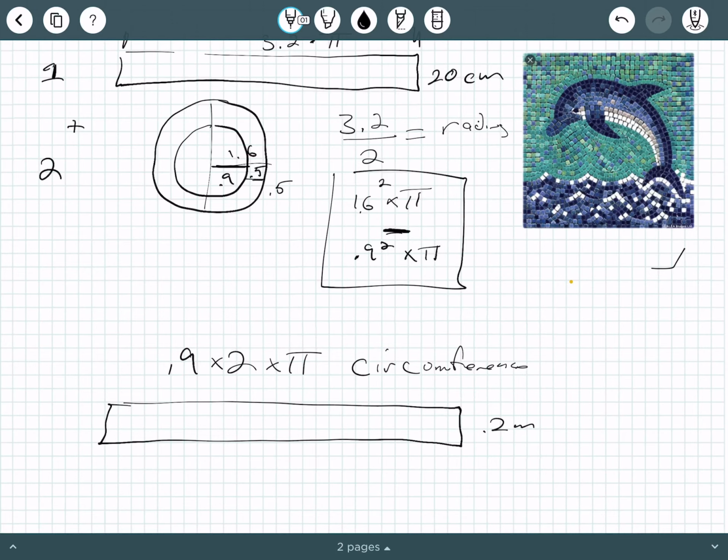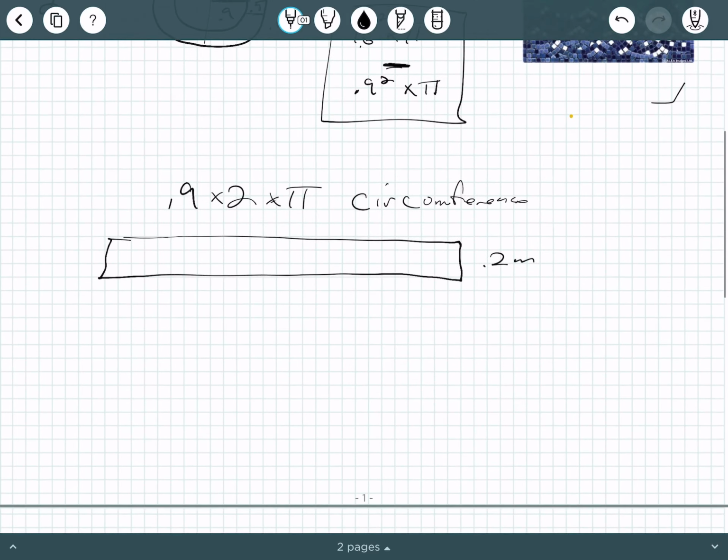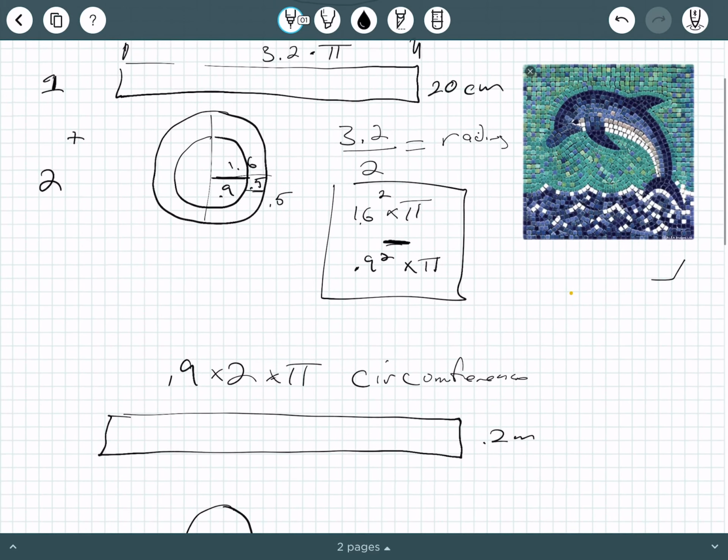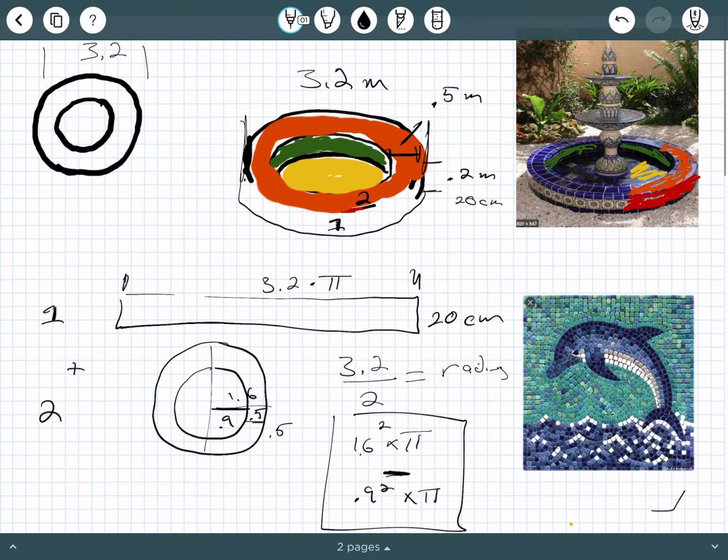And then multiply these two together, and what are you going to get? You are going to get your area. So whatever you're going to find for that. And then on the inside, you're just going to have a circle. So the inside is the last area. So we have area 1, area 2, this is area 3, and here's area 4.